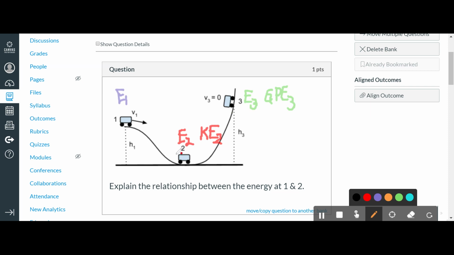So if we were trying to describe the relationship between the energy at 2 and the energy at 3, we would say, mathematically, the energy at 2 equals the energy at 3. That means that the energy at 2, well, we only have this KE. So that means the energy at 2 is just going to be this KE2.